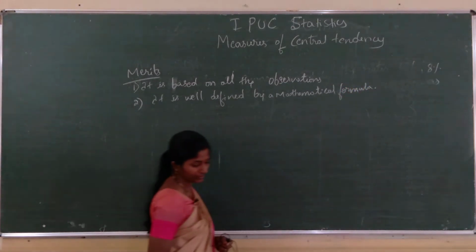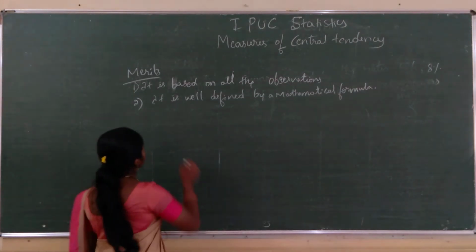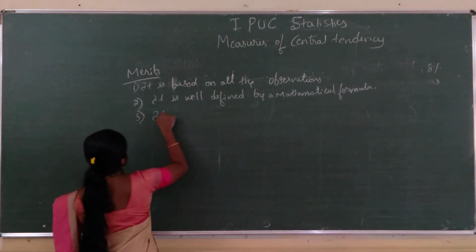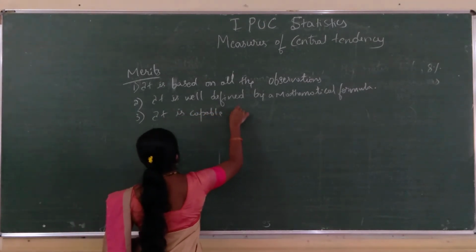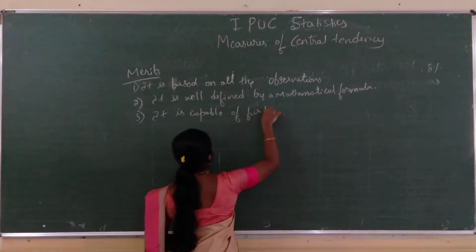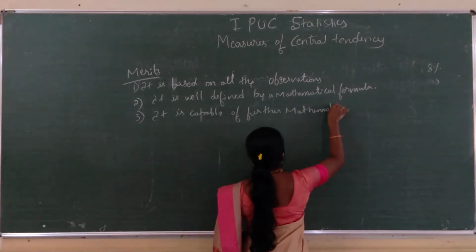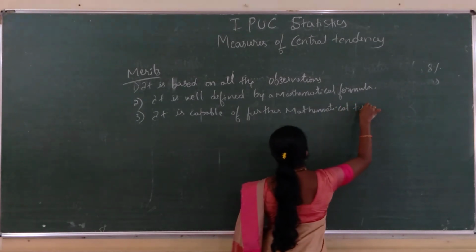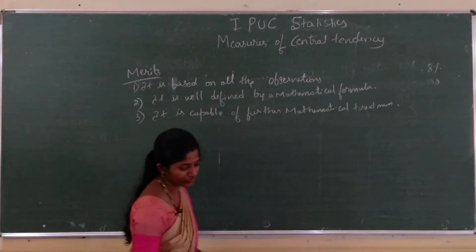Next, another one, it is capable of further mathematical treatment. Next we will write demerits.